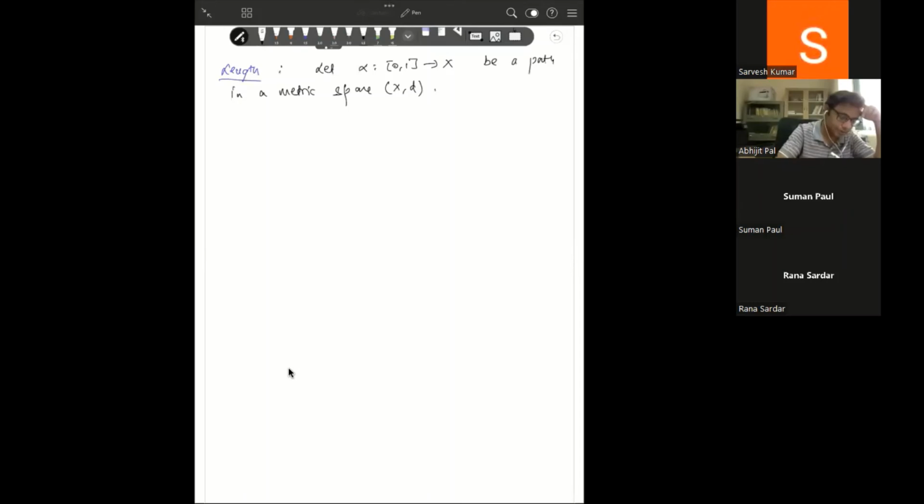Okay, so how do I define this length? So length of alpha is defined to be the supremum over the summation of d(alpha(t_{i-1}), alpha(t_i)).